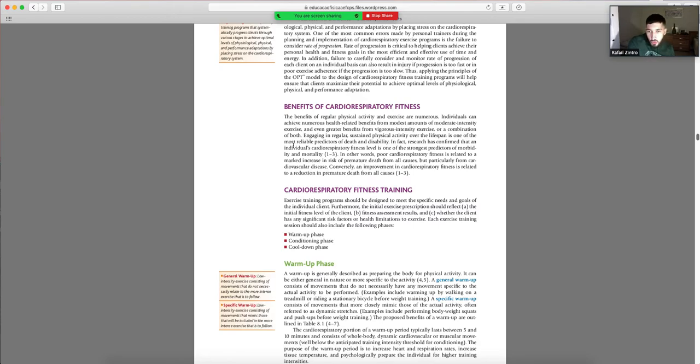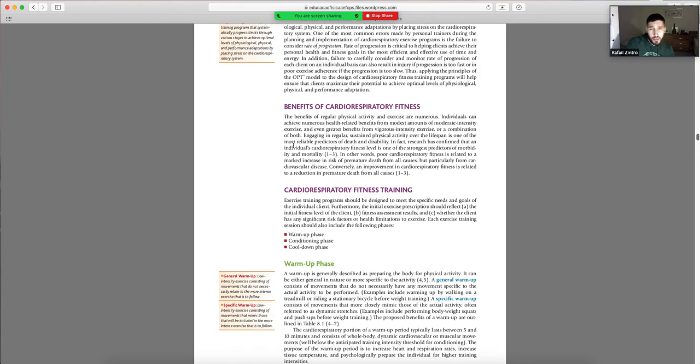The benefits of regular physical activity and exercise are numerous. Individuals can achieve numerous health-related benefits from modest amounts of moderate intensity exercise, and even greater benefits from vigorous intensity exercise, or a combination of both. Enabling and regular sustained physical activity over the lifespan is one of the most reliable predictors of death and disability.